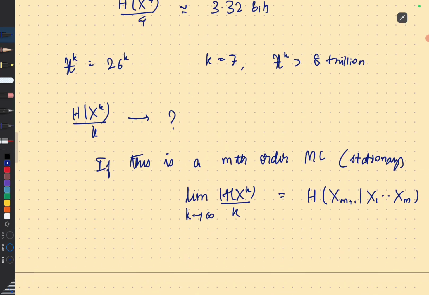Any other questions? What if it is an infinite Markov? Which one? The Markov identity. So you mean to say that m is very, very large, right? That can happen.